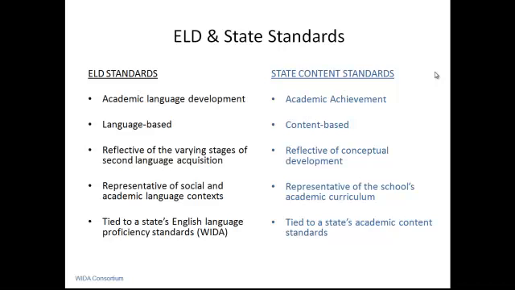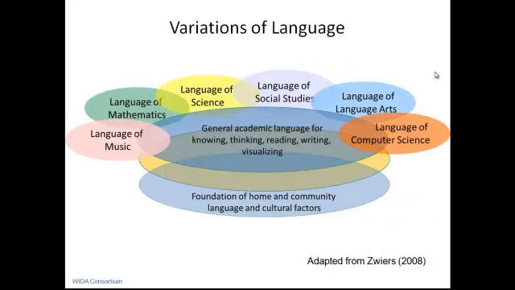The ELD standards reflect the stages of language acquisition, while the state standards reflect conceptual development. The ELD standards support language performance within a school, social, and academic environment, while content standards support the academic curriculum. Finally, you'll generally hear our ELD standards referred to as the WIDA standards, while of course the content standards are referred to as the Common Core.